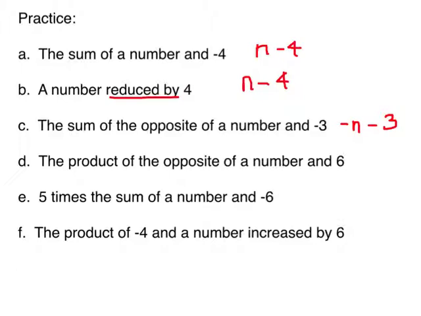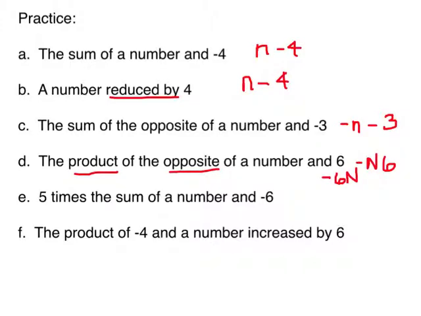When I add those two together, that would give me a sum. D, the product of the opposite of a number and 6. The opposite of n times 6, or I could say negative 6n, which is going to be the easier way to solve.